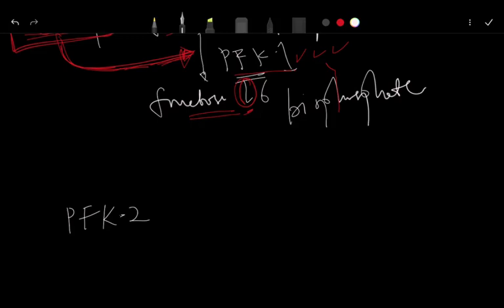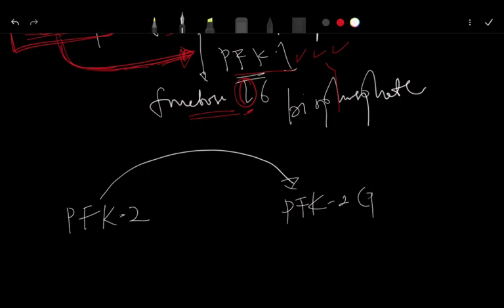Now, what determines whether PFK2 will phosphorylate or do the opposite, that is to say remove phosphate, is the presence of hormones. So in the presence of glucagon, PFK2 will become phosphorylated.